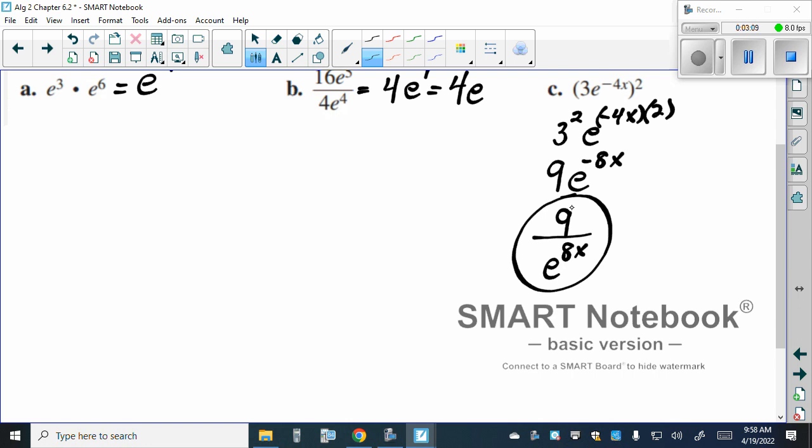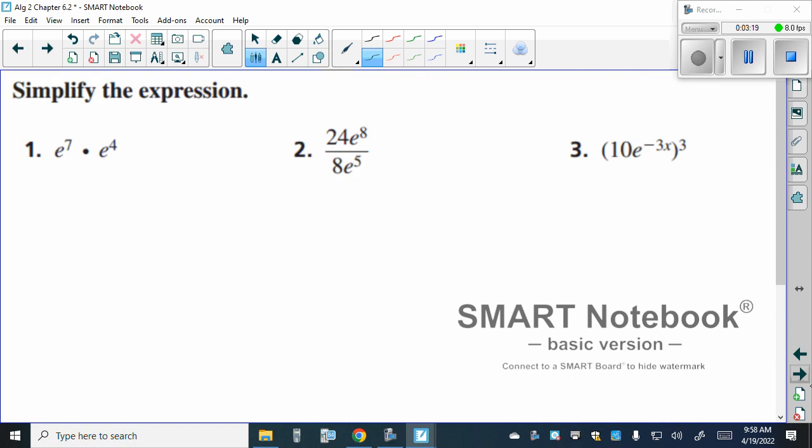Questions on this here? Nothing really new. We're just using our properties of exponents to rewrite these. Let's do these 3 and then we can move on. E to the 7 times e to the fourth is e to the 11, because when we multiply, we add the exponents.